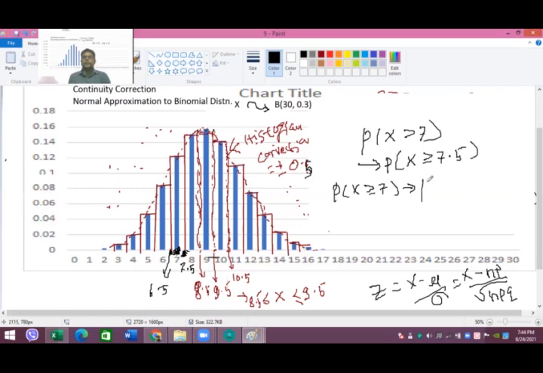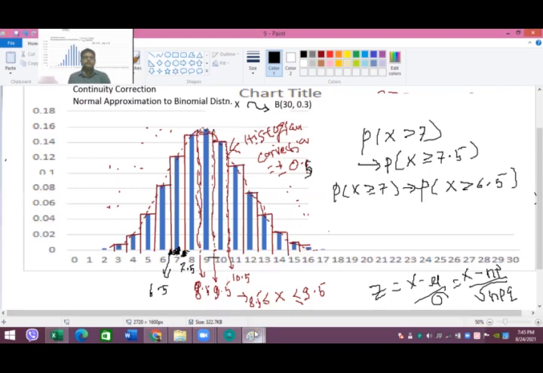So if you take this discrete point to the nearest continuous point, it will be bigger than 6.5, which is the continuous region that also includes the discrete point 7. In this way we make the continuity correction by taking a correction factor of plus or minus 0.5, as required.